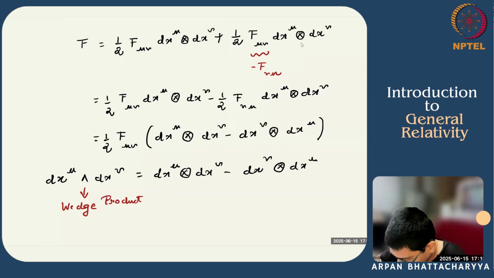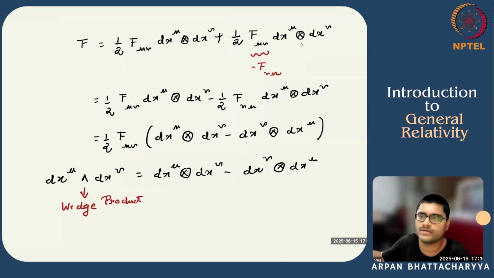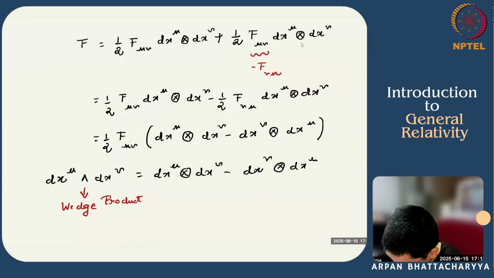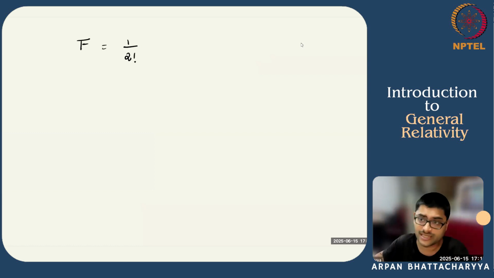Because this is antisymmetric, if this would have been symmetric, then anyway it will vanish. So this will have a non-vanishing component which will be antisymmetric in the mu nu indices. And that is the case for the Maxwell field strength. In terms of this wedge product basis, we can write F as F. I'm going to write half, but then I'm just going to replace it by 1 over 2 factorial, which is the same.